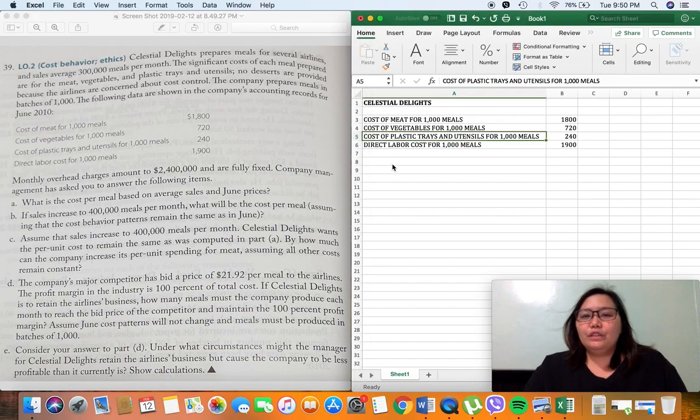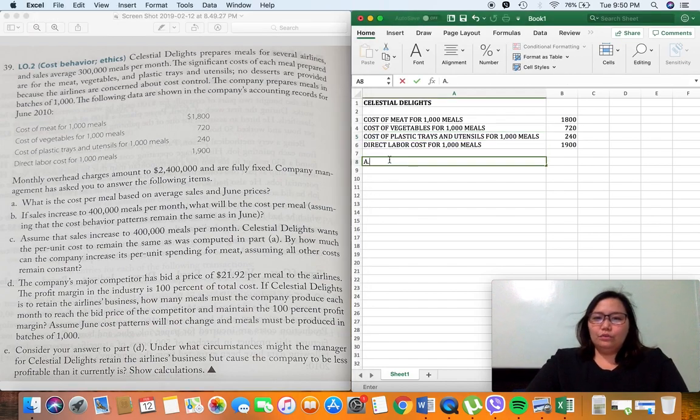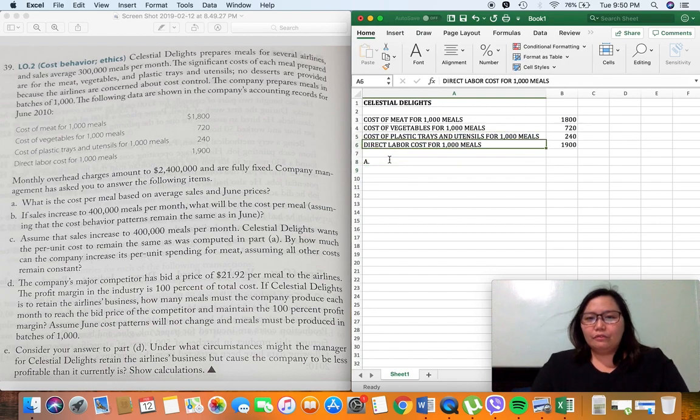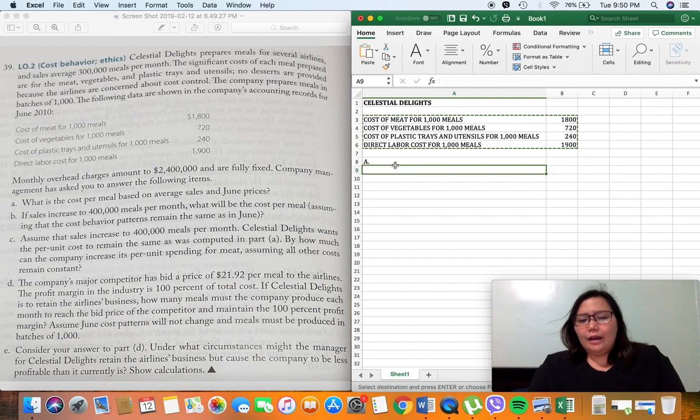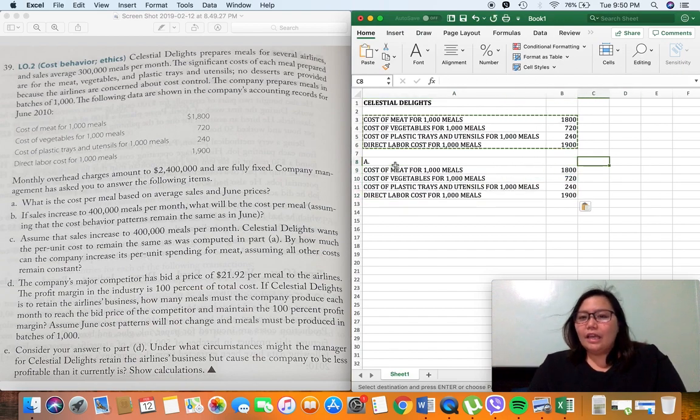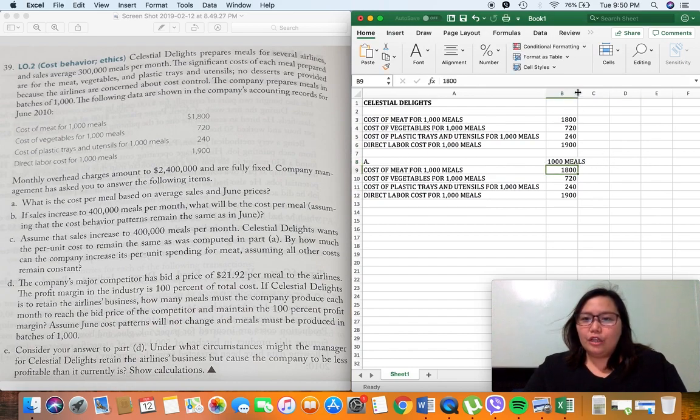Okay? So for the first requirement, what I want to do here first is to compute for the per unit, 'di ba? Kasi as mentioned, this cost is for 1,000 meals. So gusto kong malaman ngayon how much is the cost of meat for one meal. Okay?